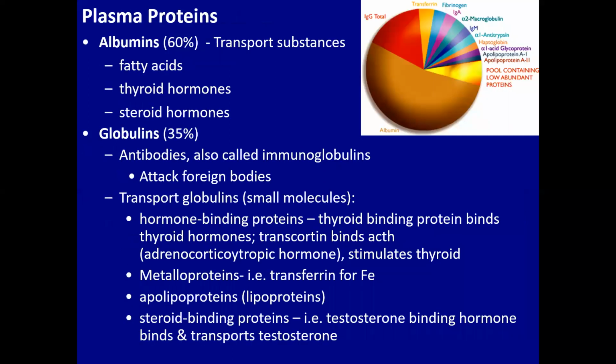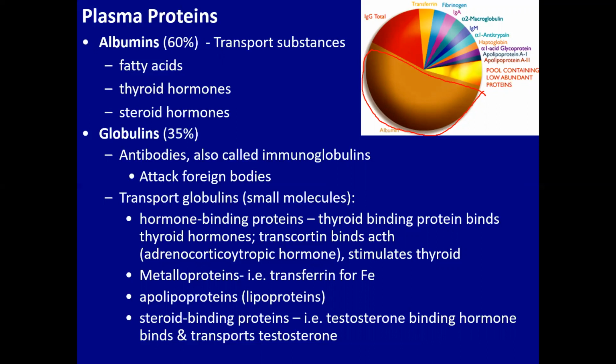Looking more closely at these plasma proteins, you see albumin is 60%. So when you look at this image, you see all of this is albumin. And then we have our globulins, which are 35%. The globulins are either antibodies, which are also called immunoglobulins, or transport globulins, such as hormone binding proteins necessary to transport things such as thyroid hormones.